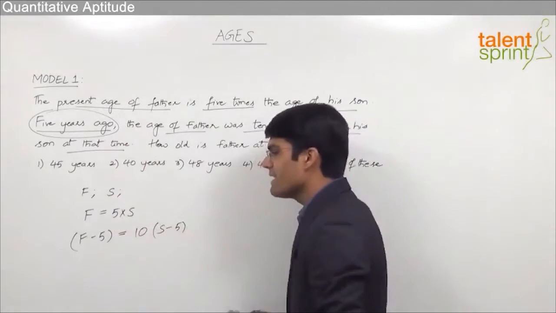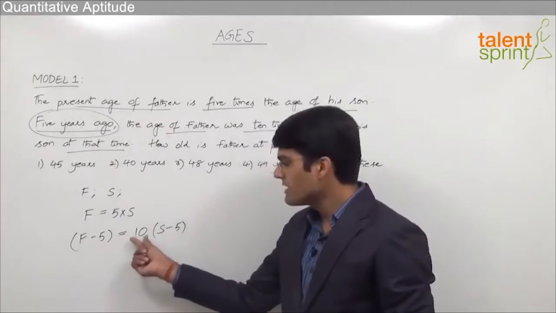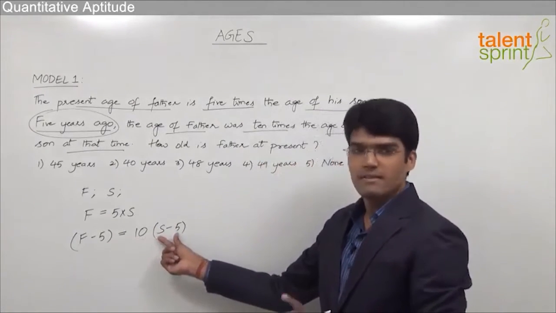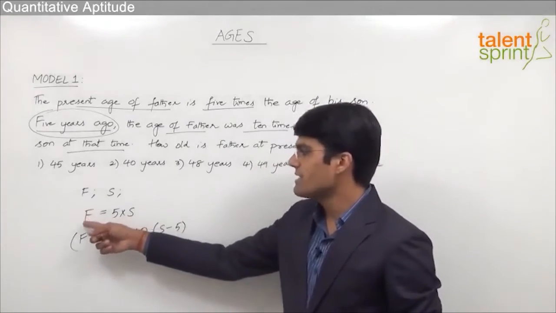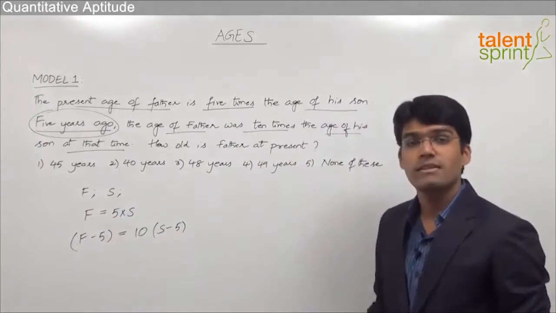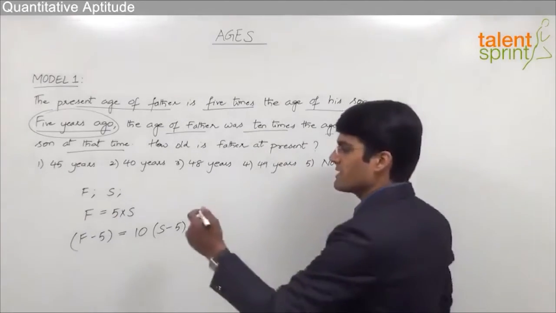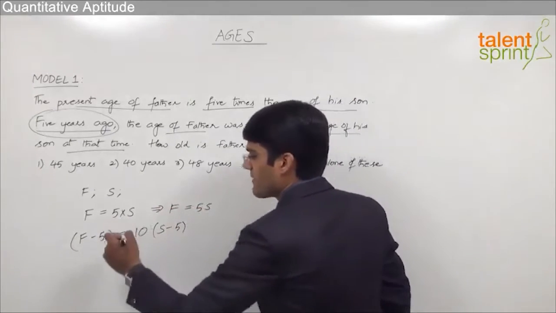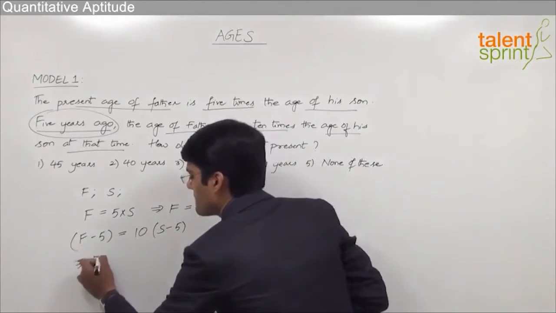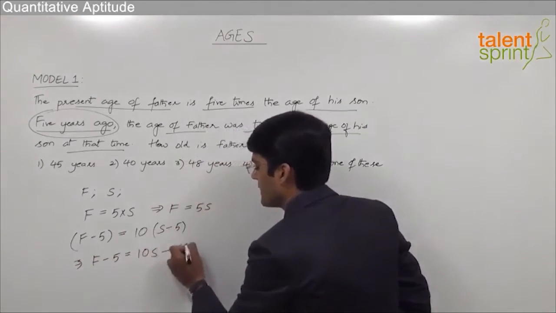So we can say that father's age 5 years ago, F minus 5 is equal to 10 times son's age 5 years ago. Now we have got two equations with two variables, that is F and S. So by solving these two equations, we can find out father's age. So the first equation simply says F equals 5 times S. From the second equation we get F minus 5 should be equal to 10S minus 50.